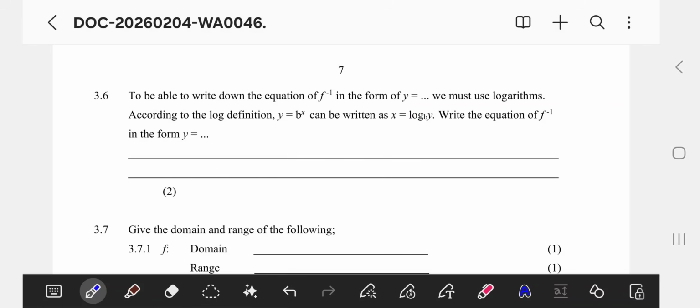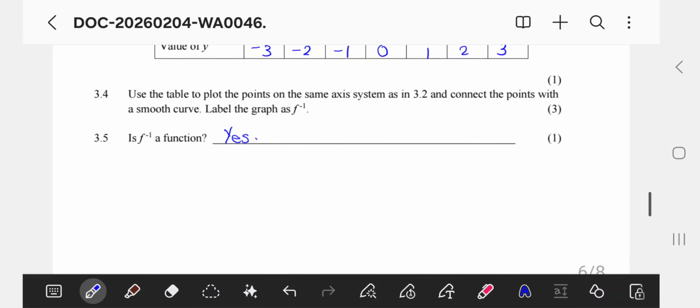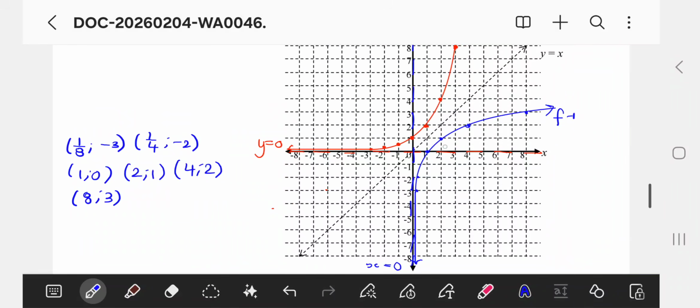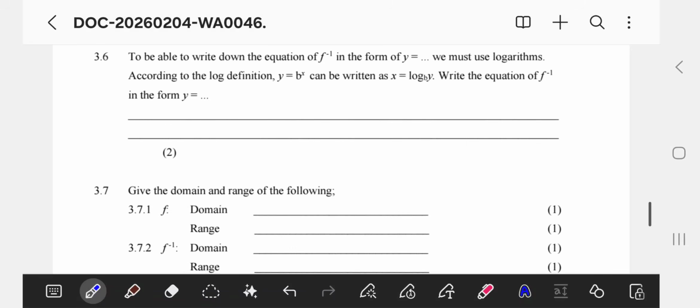Now, that is extremely important information. The inverse of an exponential function is a log function. So you guys, what we have just drawn here as f to the -1, its name is a log function. So exponential functions and log functions are inverses of each other.